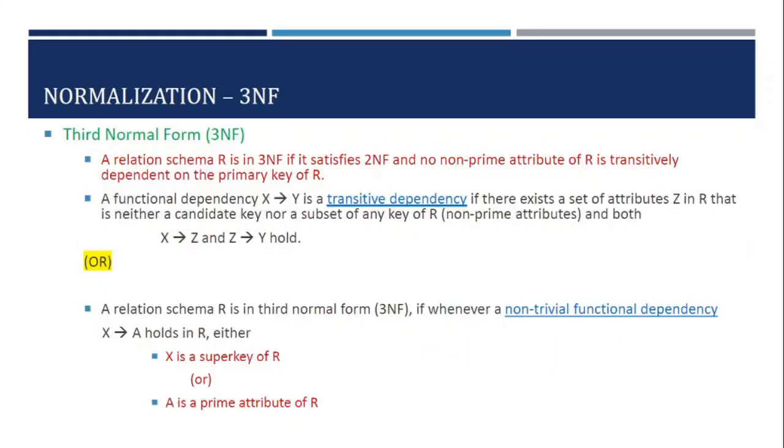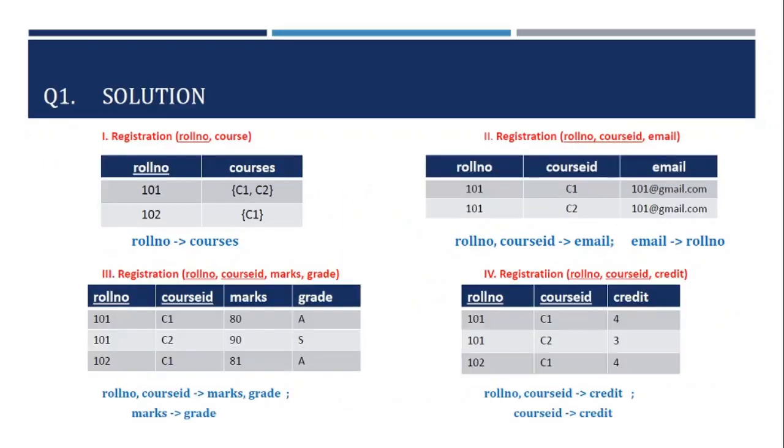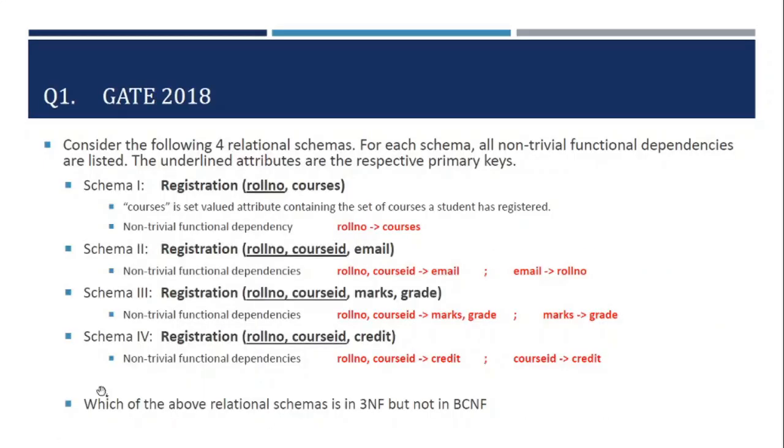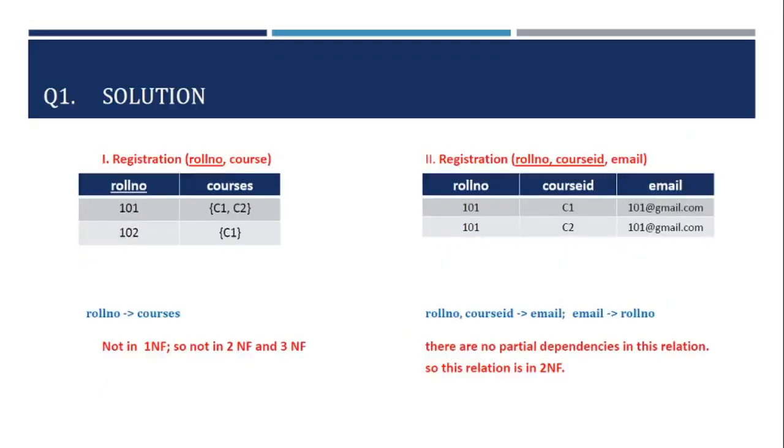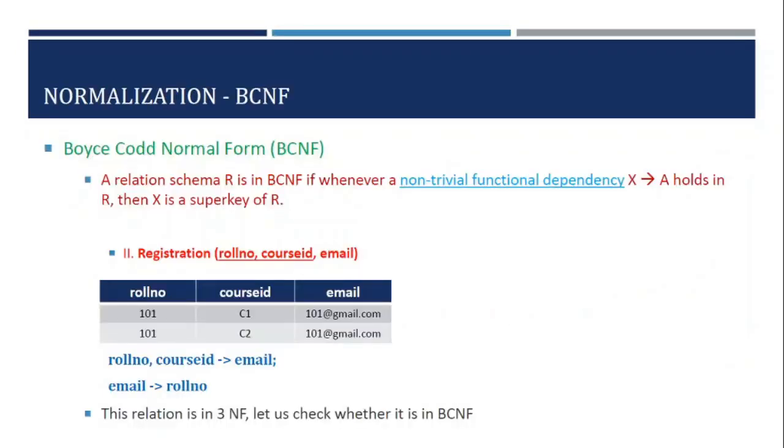So we have completed the first part of the question, which says which of the following relational schemas is in 3NF. Now we know that only schema 2 is in 3NF. But coming to the second part of the question, we have to check whether it is in BCNF. Let us consider the definition of BCNF.